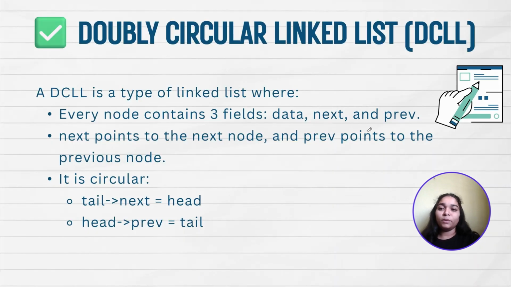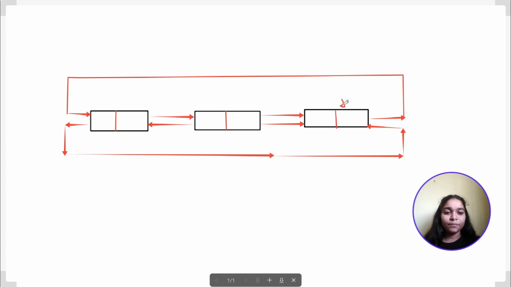Now let's see the theory of the doubly circular linked list. As I said, every node contains three fields, that is the data, next, and the previous. Why previous? Because it is a doubly linked list. Then the next pointer points to the next node, and the previous pointer points to the previous node, as earlier in the doubly linear linked list. And it is circular, meaning tail's next equal to head. If you can see here, this is tail, and this is head.